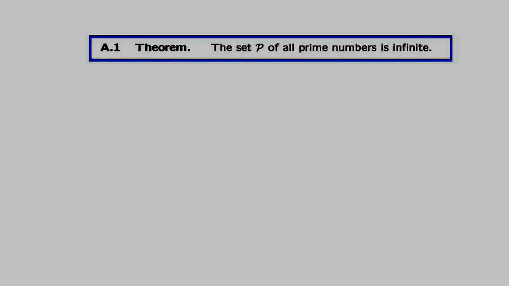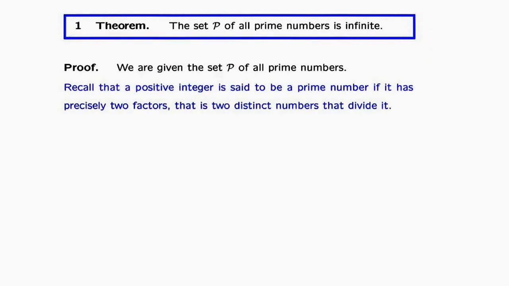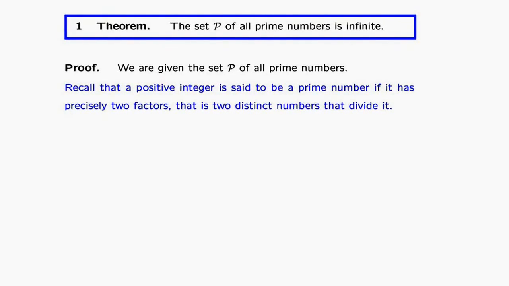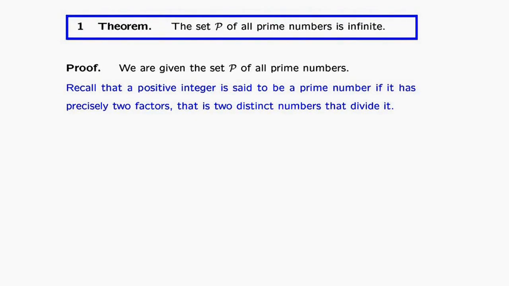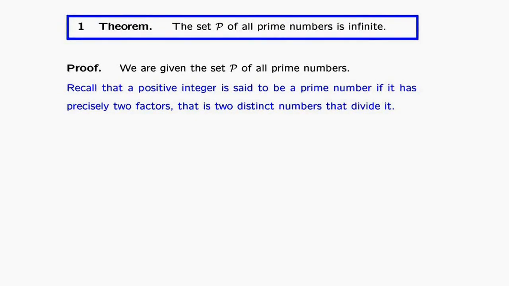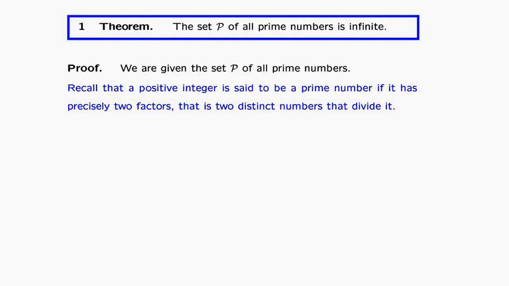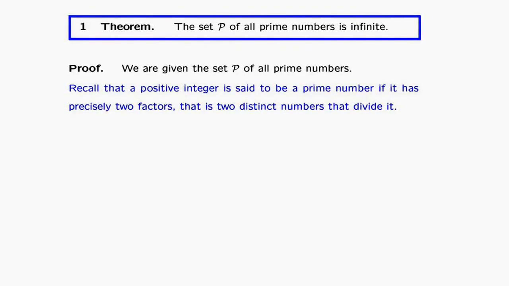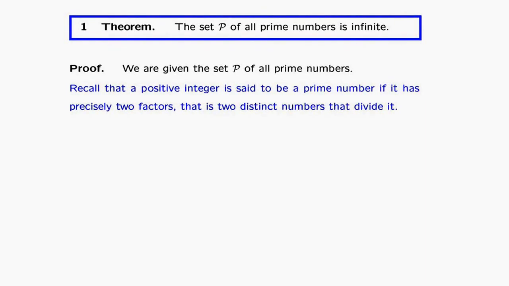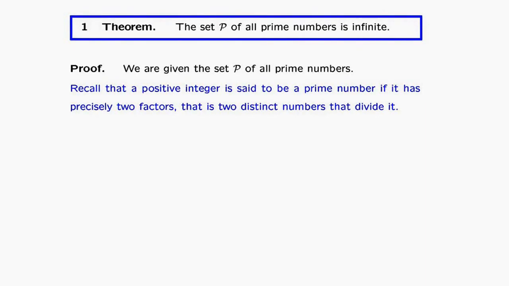So we're given the set P of all prime numbers, and we recall that a positive integer is said to be a prime number if it has precisely two factors, that is, two distinct numbers that divide it. Incidentally, this shows you that the number 1 is not a prime number.